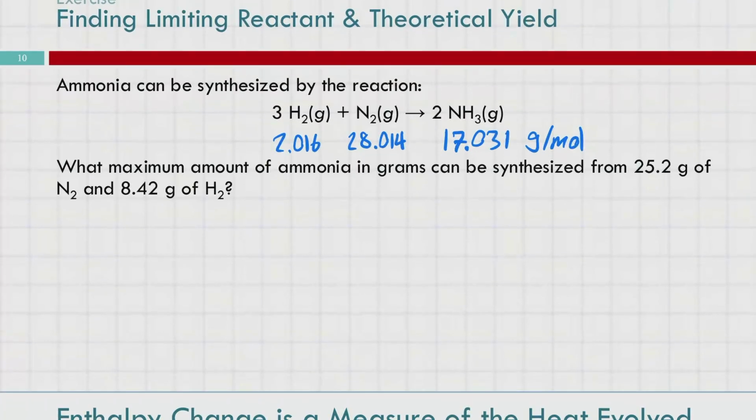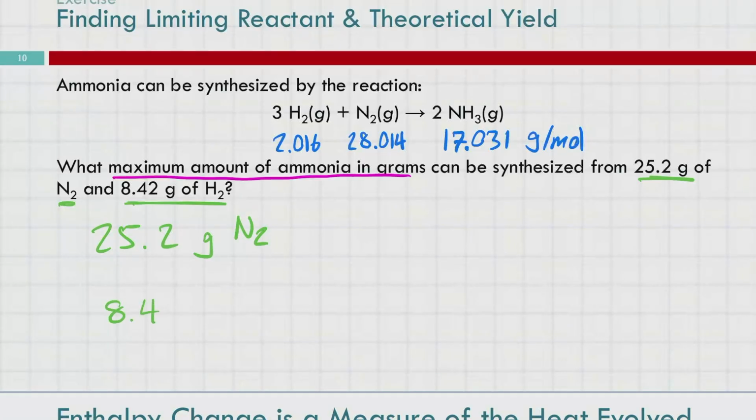Okay, so we're looking for the maximum amount of ammonia in grams that can be synthesized with these starting amounts. One of our starting amounts is 25.2 grams of N2, our other amount is 8.42 grams of H2.